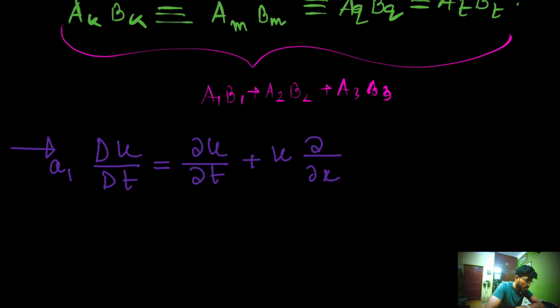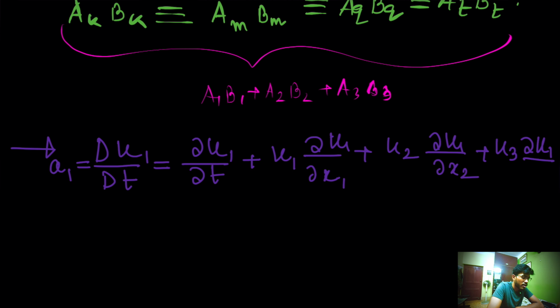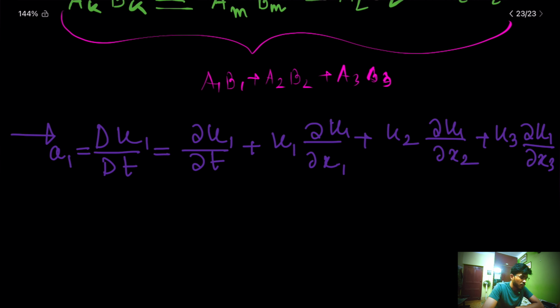Acceleration is a vector, so it is a1, that is the x1 component of acceleration. So let me write it as del u1 del t plus u1 del u1 del x1 plus u2 del u1 del y. I will be writing x2 instead of y, x1 instead of x, and it will be u3 del u1 del x3. If you do not know this, that the total derivative of the velocity can be written like this, then just accept it.